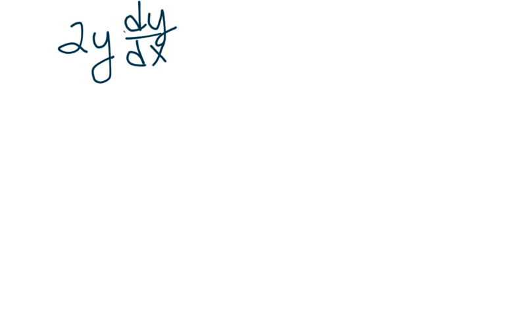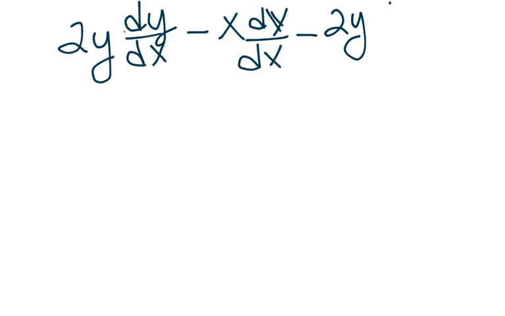So from there, you're going to get 2y dy over dx minus x dy over dx minus 2y dy over dx plus y.